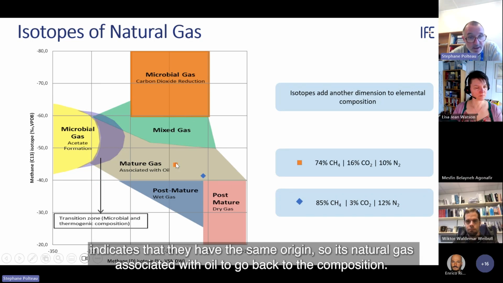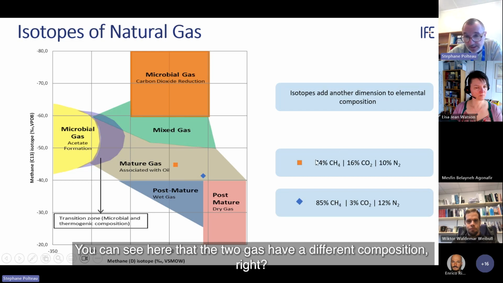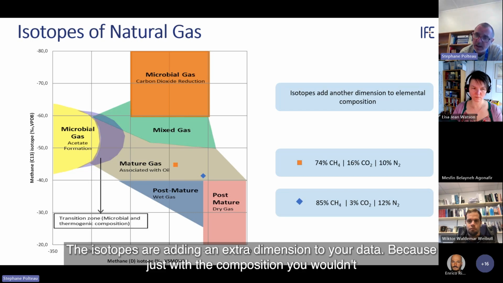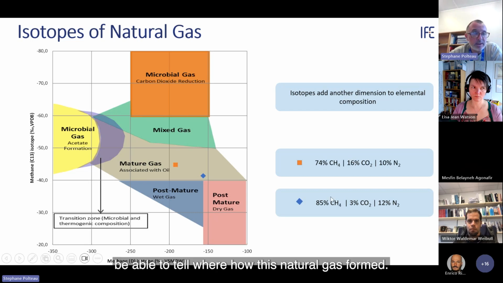It indicates that they have the same origin, so it's mature gas associated with oil. To go back to the composition, you can see here that actually the two gases have a different composition. So elemental composition, isotopic composition, it could be different. The isotopes are adding an extra dimension to your data, because just with the composition, you wouldn't be able to tell how this natural gas formed.